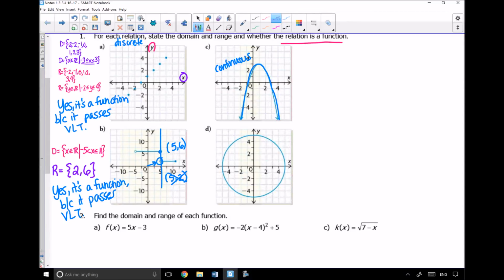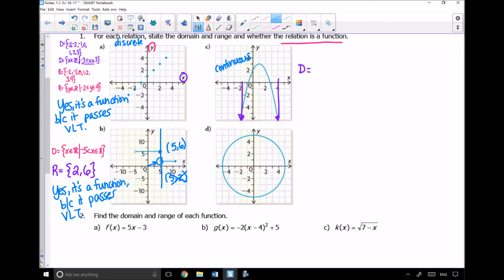So now when I look at the domain of my function right here, first of all, it's a parabola, right? So to find the domain, I'm going to figure out, well, what inputs are working? What x values will result in corresponding y values? If you notice right here, it appears that my x values are from -2 until about 4. But these arrows right here tell us that this parabola is going to keep going on in both directions.